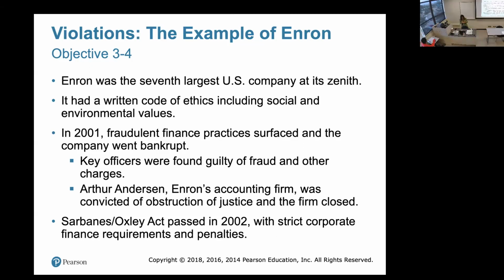After that, the Sarbanes-Oxley Act passed with strict corporate financing requirements and penalties, and it's in regards to making information public, reporting, and having an independent auditor and not one that's kind of working for the company. There's also whistleblower protection.